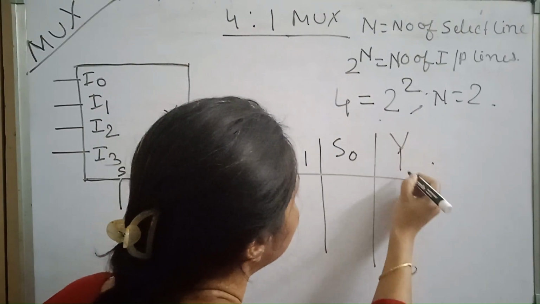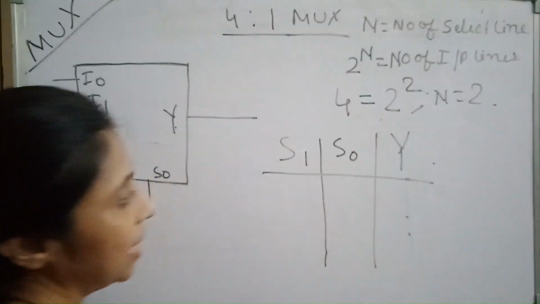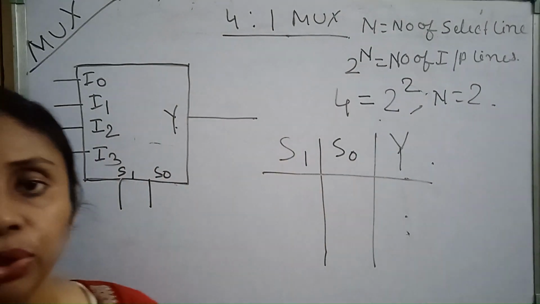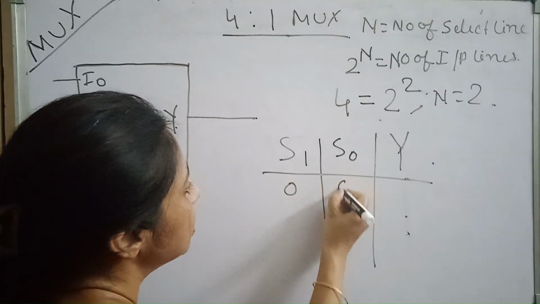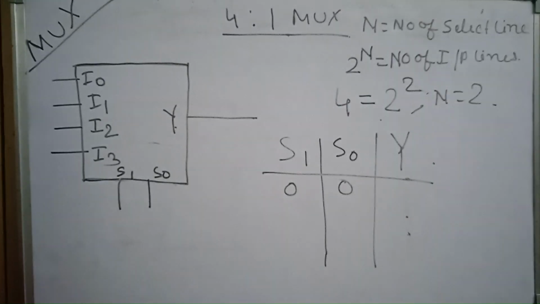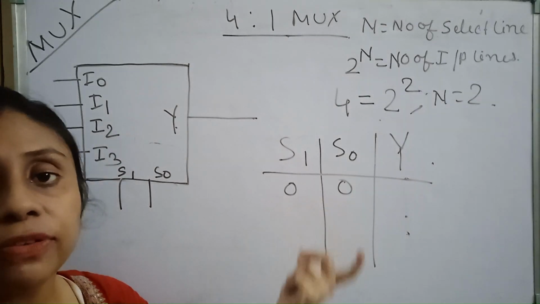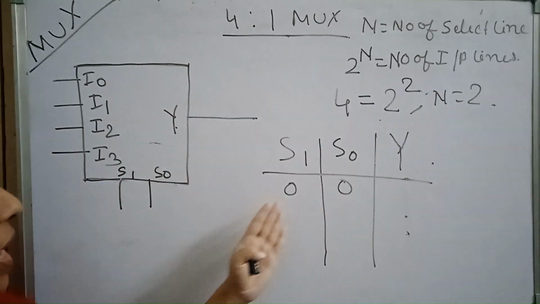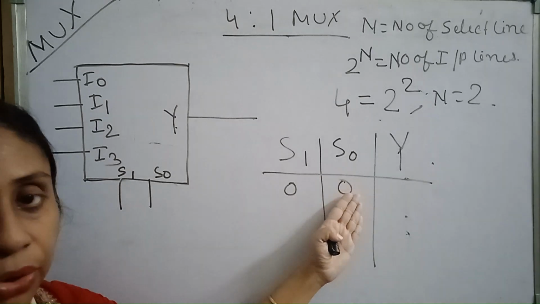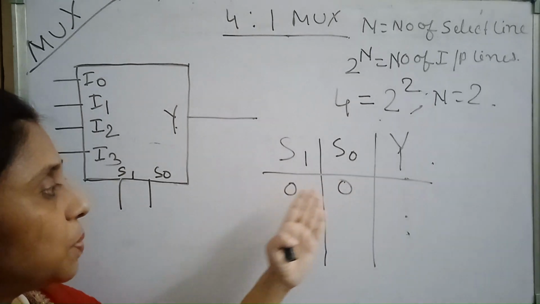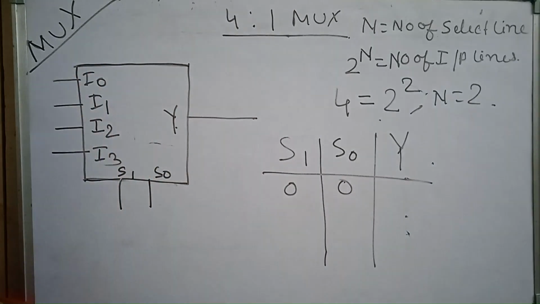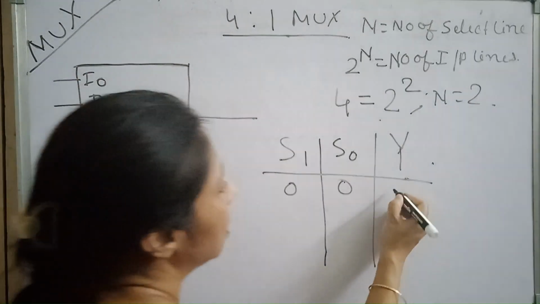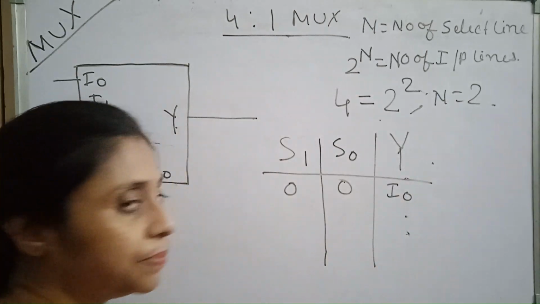So what should be the output Y, depending upon these two select line inputs? If S1, S0 are both 0, 0, what is the decimal equivalent? 0. So if S1 and S0 are both 0, then I0 will be selected and Y is equal to I0.